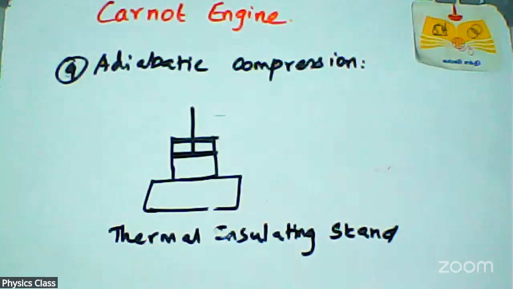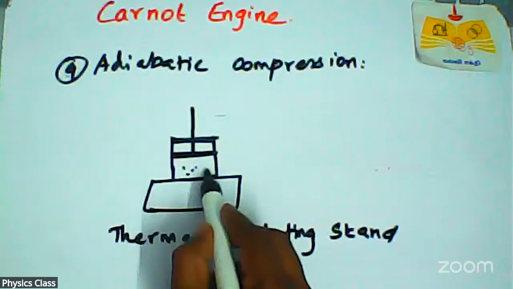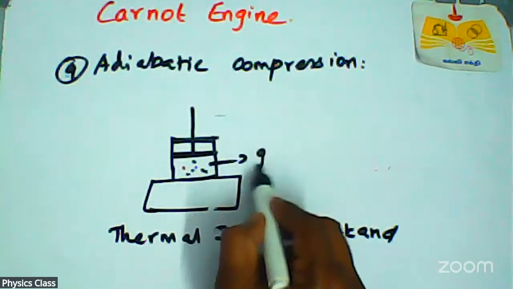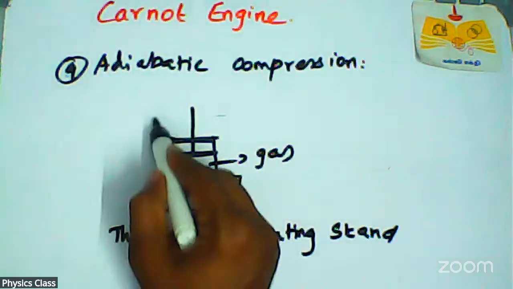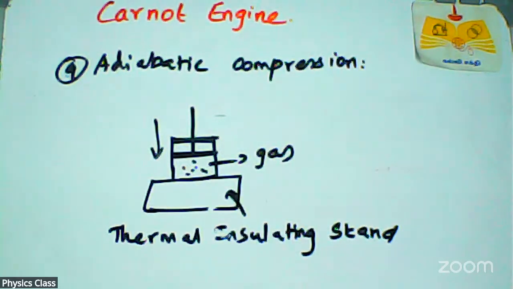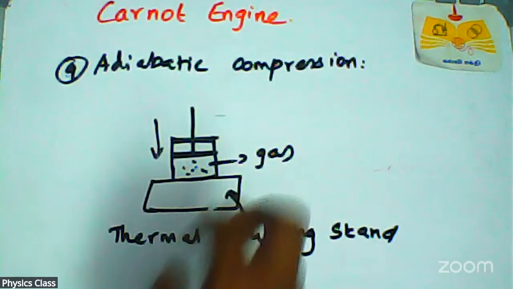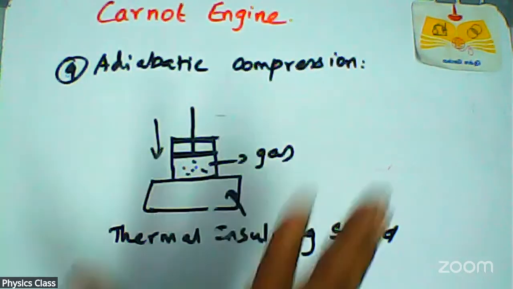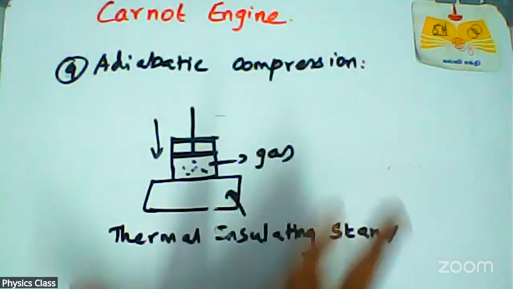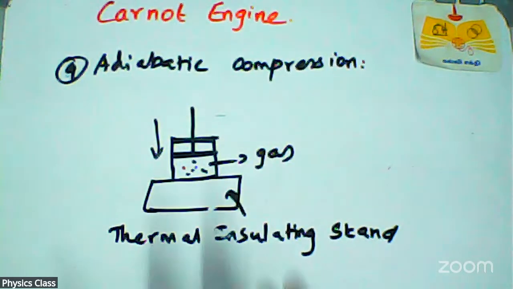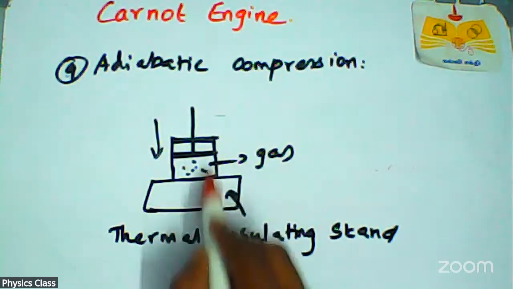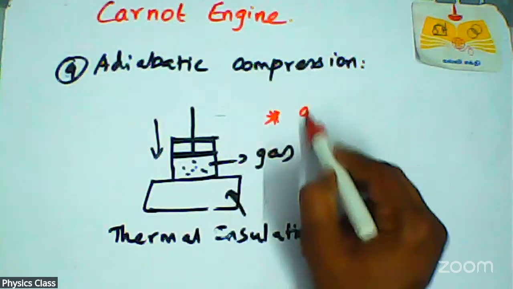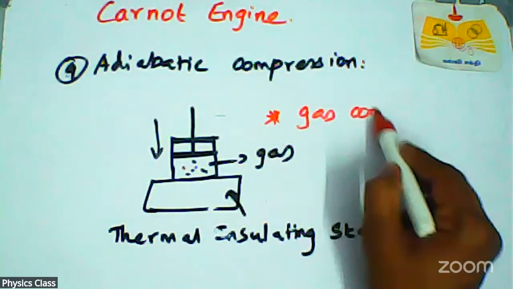Here the gas is there. This is the thermal insulating stand. Again the cylinder piston moves downwards. For this stage, this is the setup. Adiabatic compression means we insulate the cylinder again, and again the gas is compressed here also.